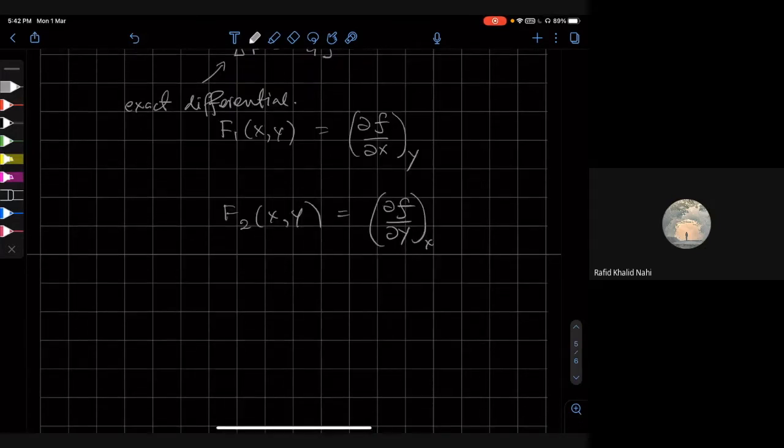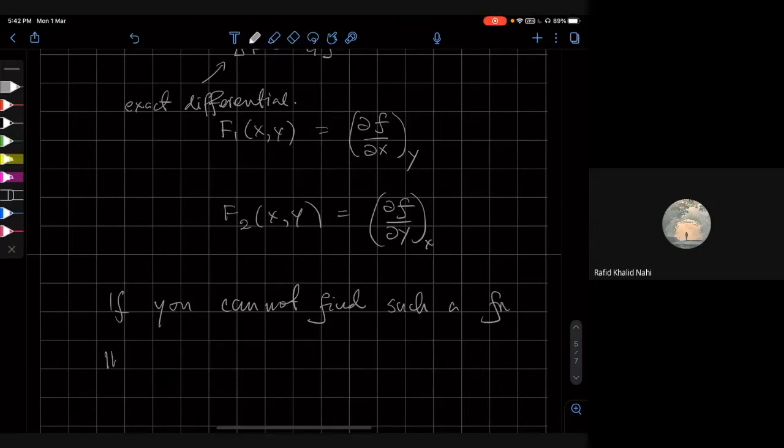If you cannot find such a function, then delta f is an inexact differential, okay? Right.